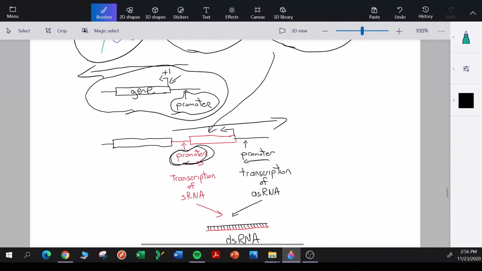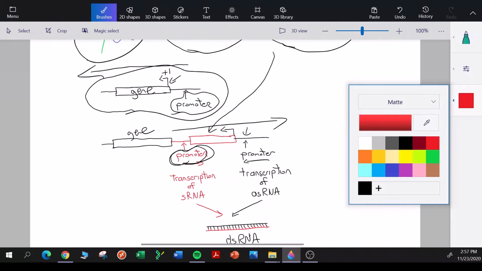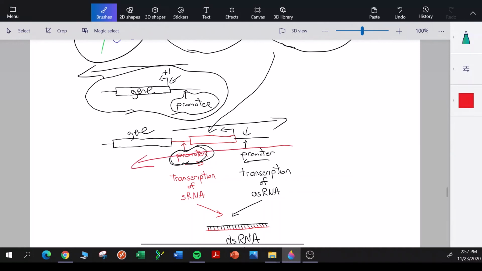But because it integrated right between this gene that was already in the organism and its promoter here, it will also be transcribed in the other direction. So at that locus, the transgene is going to be transcribed in both directions by RNA polymerase, giving rise to sense RNA and antisense RNA.